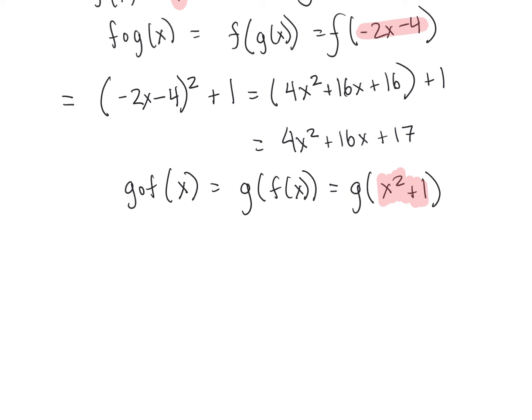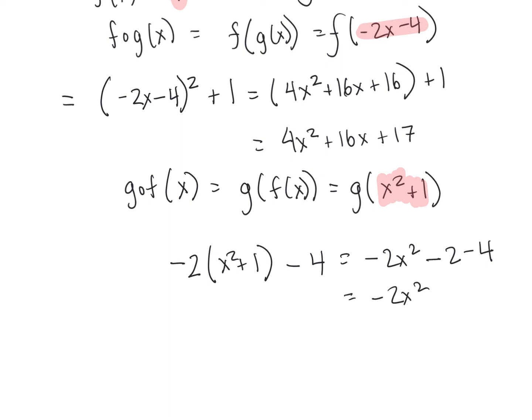So this is equal to negative 2, I see an x, so I put x squared plus 1, minus 4, which simplifies to negative 2x squared minus 2 minus 4, which is negative 2x squared minus 6. These are definitely not the same answers. So composite functions do not commute. Let's do a handful more examples.